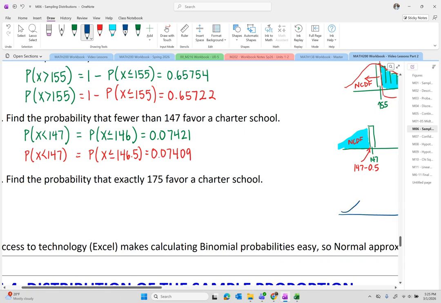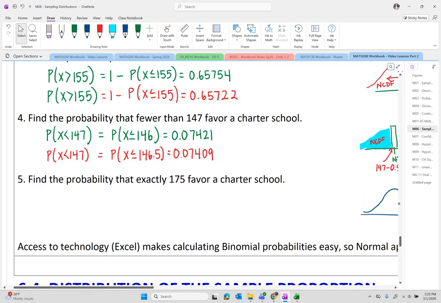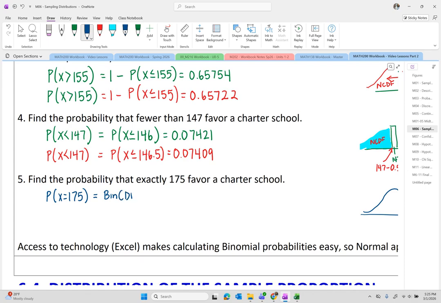So in terms of binomial distribution, 175 will be here. And I can find that value for the binomial distribution if I just say that I don't want it to be a CDF, I want it to be false. So I will do binomial distribution, and I'm going to have false at the end.